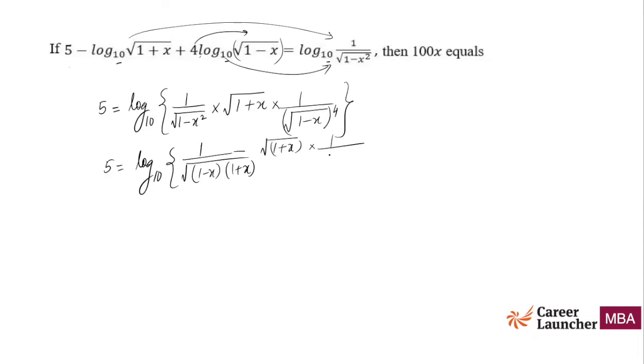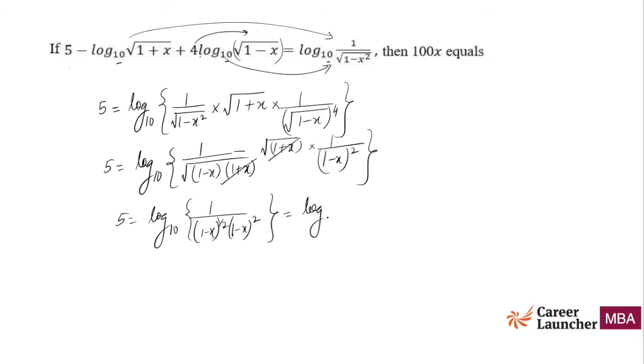So it will become square, right? So this becomes square. So 1 plus x and 1 plus x will cancel out. So the right hand side changes to 1 upon 1 minus x to the power 1 by 2 and 1 minus x whole square. And the base is 10, right?